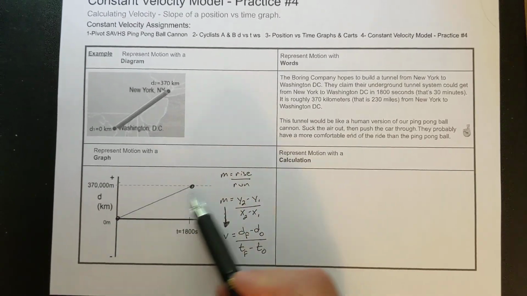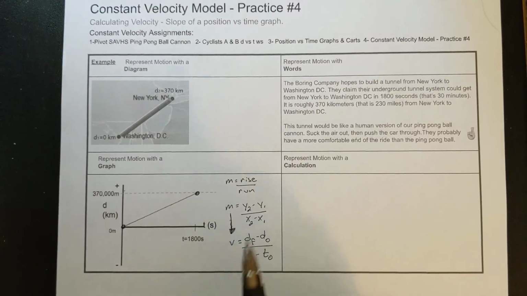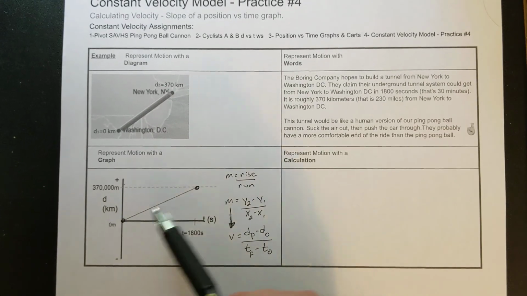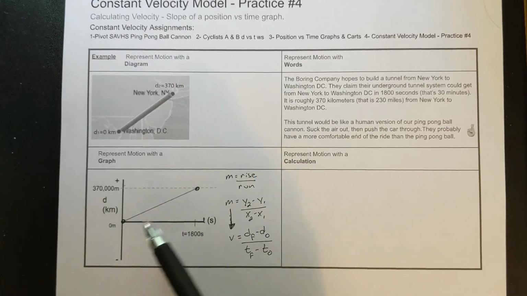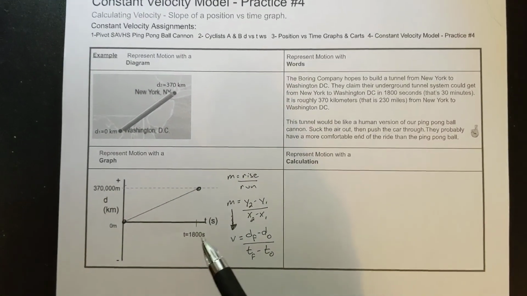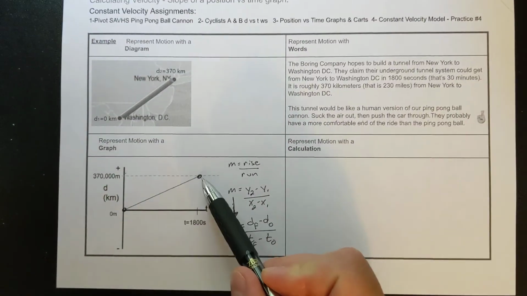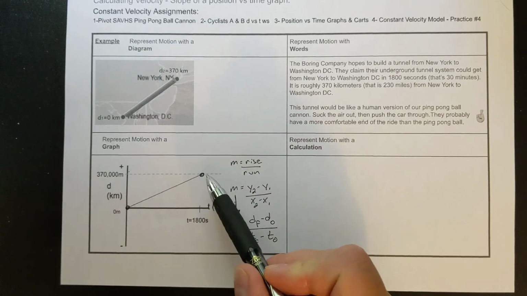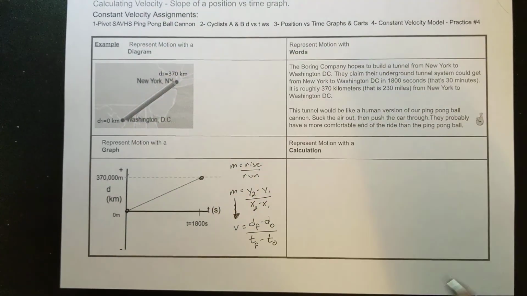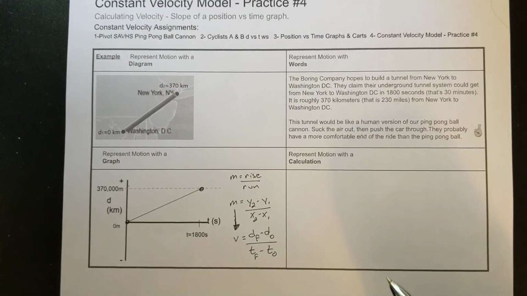If we have this nice straight line, our velocity is always the same. So we can find any 2 points on this line and use those to calculate the velocity. We only know numbers at this point and this point, so we're going to choose these 2 points to find our slope and our velocity.